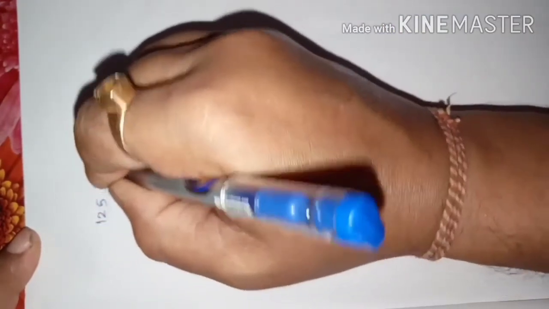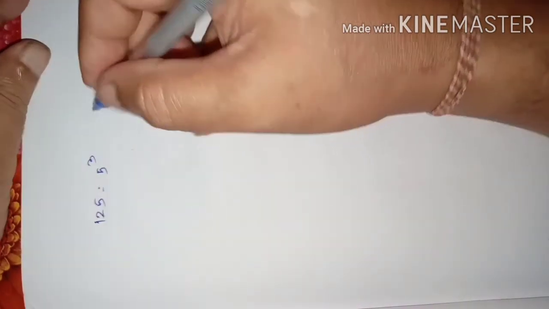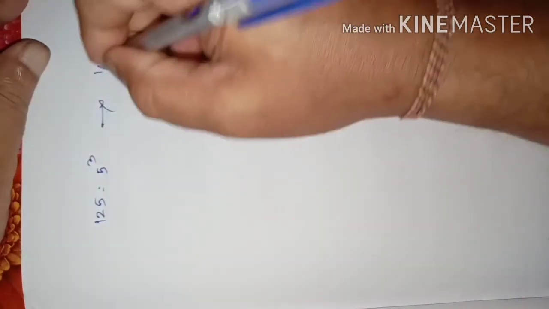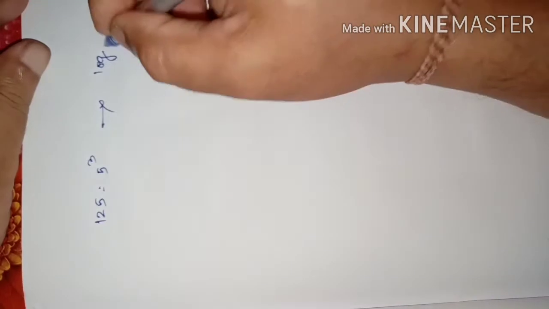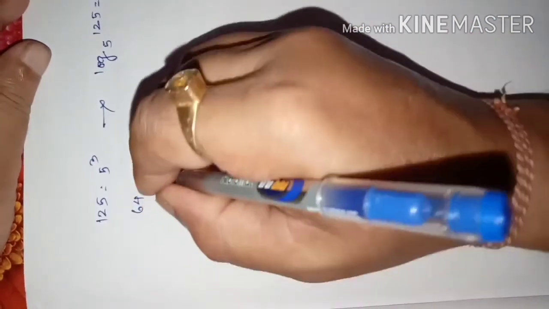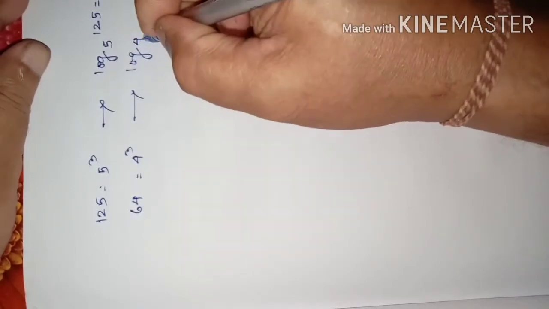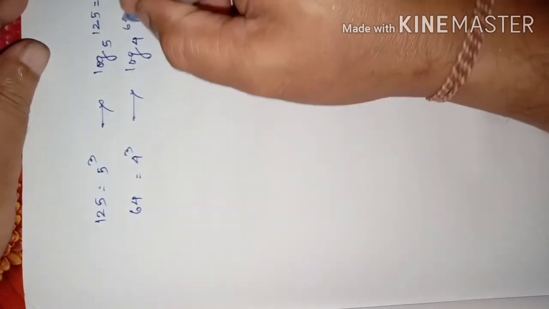See, 125 you can write as 5 cube. Then you can express this whole thing as log to the base 5 of 125 is equal to 3. So 64 is equal to 4 cube. You can write it as log to the base 4 of 64 is equal to 3.